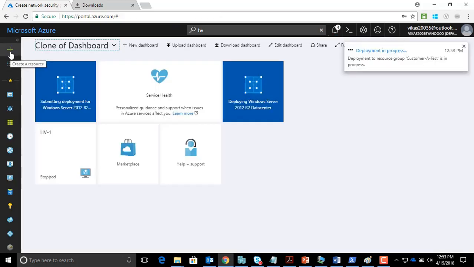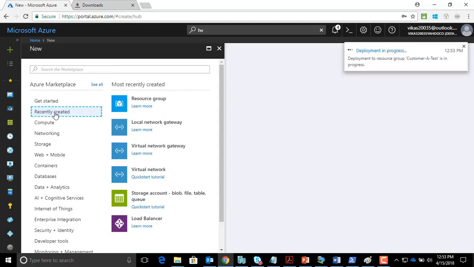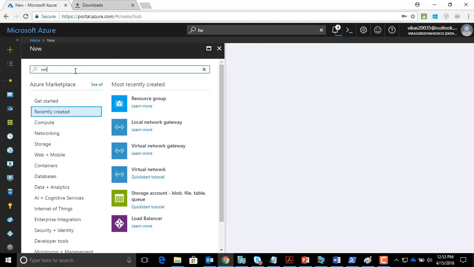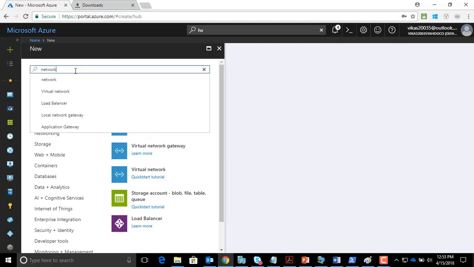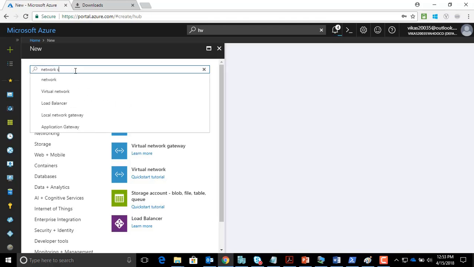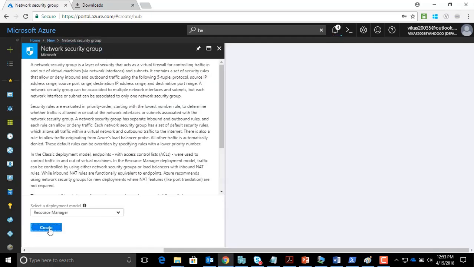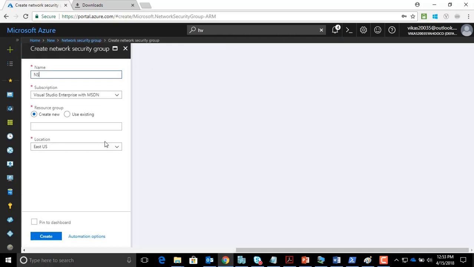Second is a network security group, NSG number 2, which will be for subnet number 2.